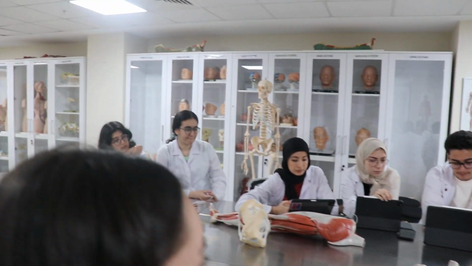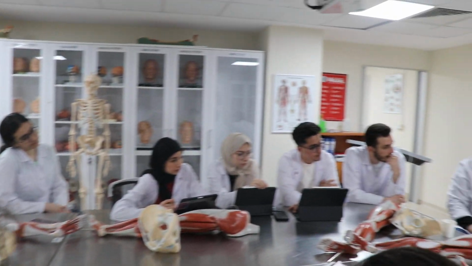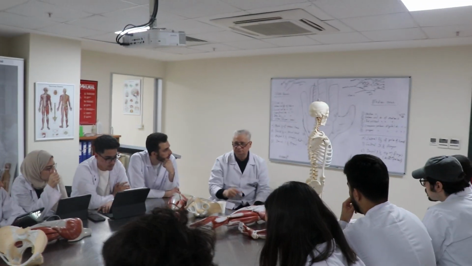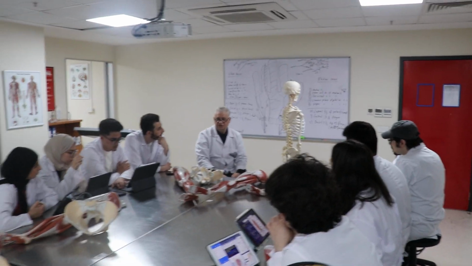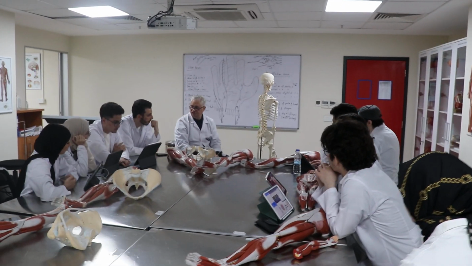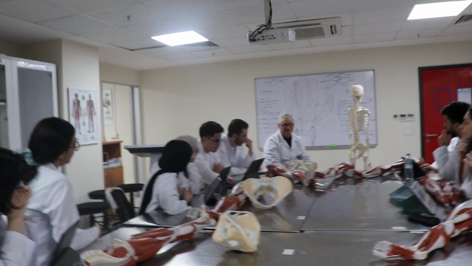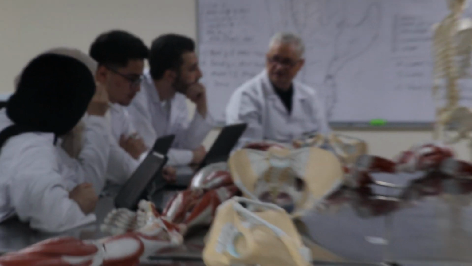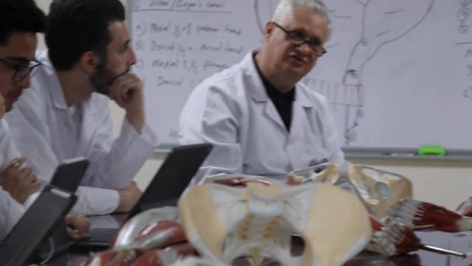It's the inferior gluteal nerve, and which segment or level does it come out from? L5, S1, and S2. How about the superior gluteal nerve?